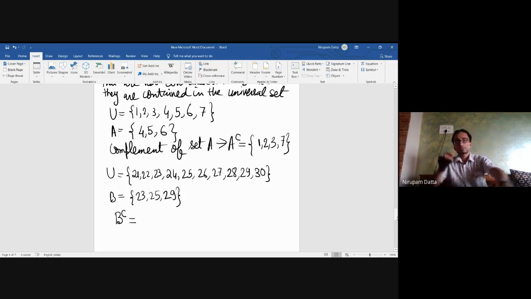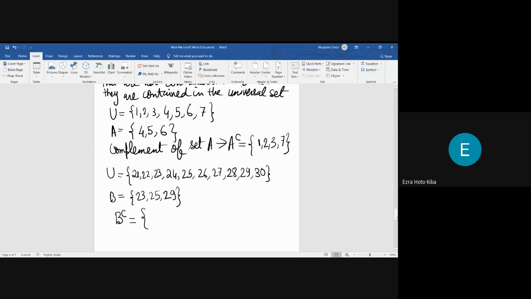Find it out, and tell me what the elements of this set are. So the complement of set B is 21, 22, 24, 26, 27, 28, and 30.